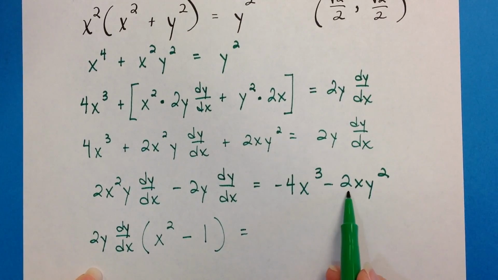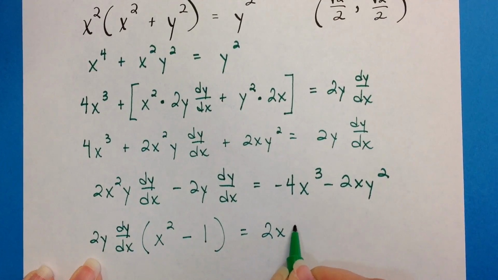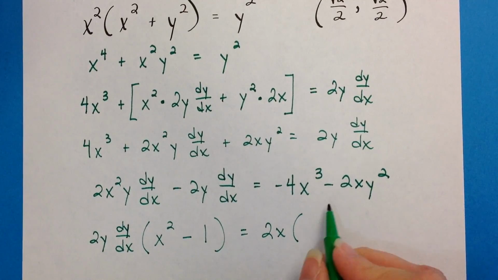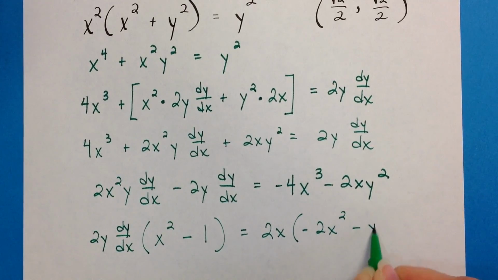Now over here I have a 2 that's in common and also an x, or if you want to take out negative 2 you could. So 2x, if I were to factor this out, I'm left with negative 2x² minus y².